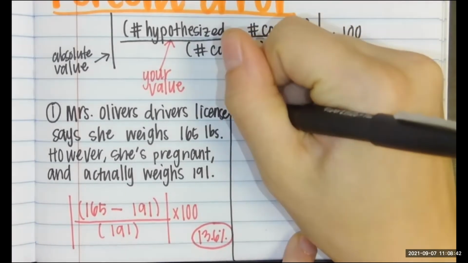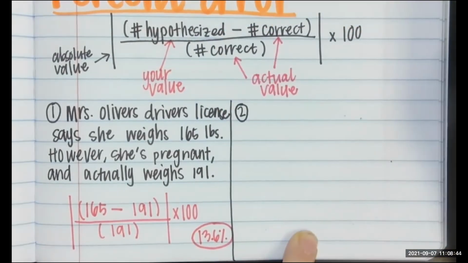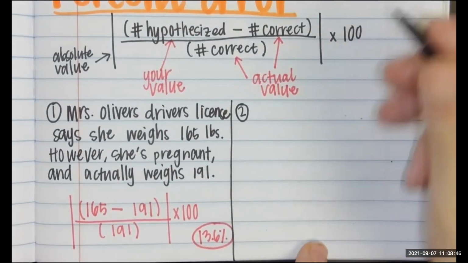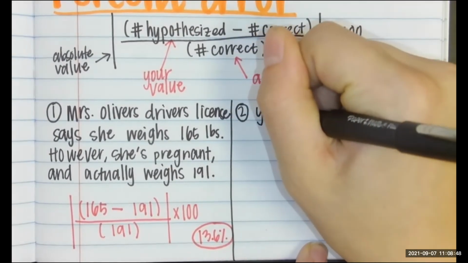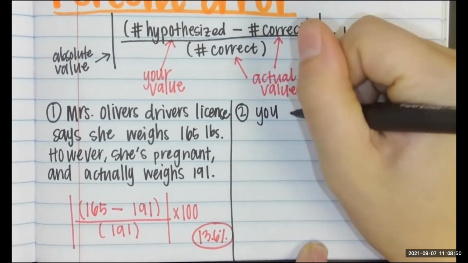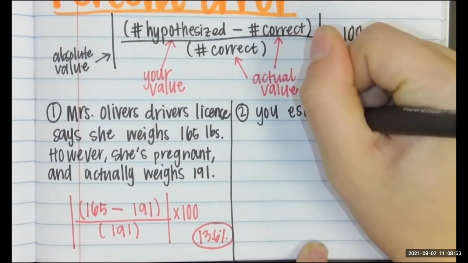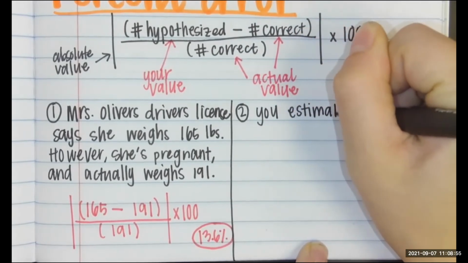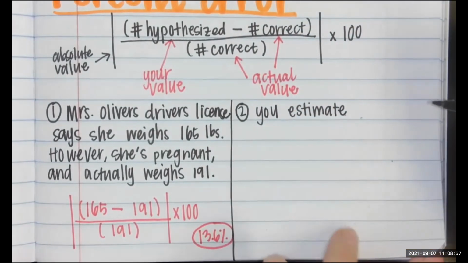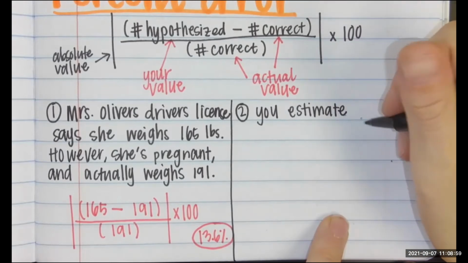So number 2, back when I was in high school, the coolest thing you could have was an MP3 player, and you would download songs illegally, of course, because you didn't know how to do anything else.